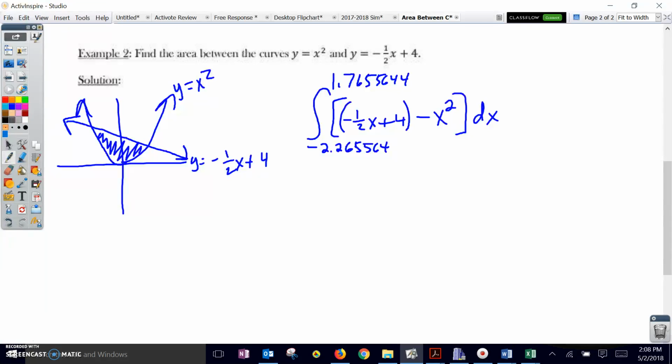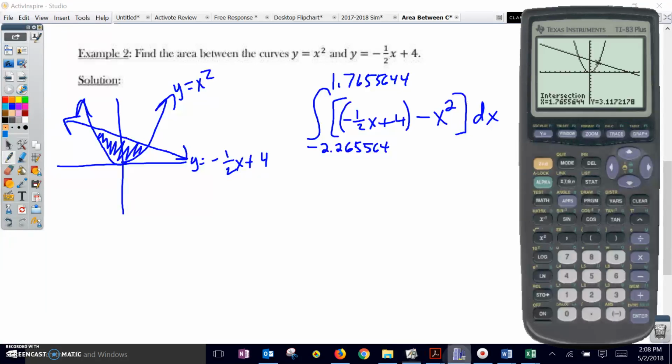Now I have the option to integrate this by hand. I don't know that I want to substitute those limits of integration in integrating by hand and do all of that calculation. So I'm going to go ahead and integrate this numerically.